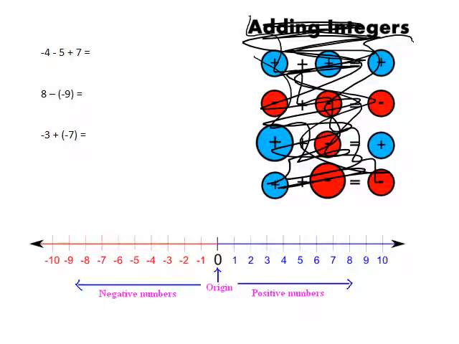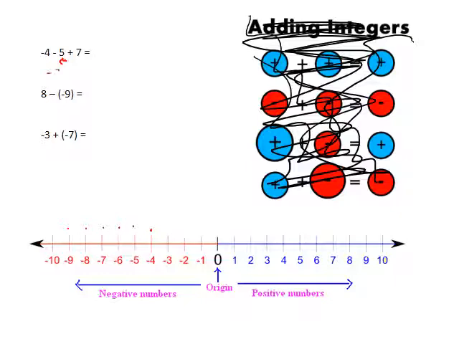Okay, let's look at the examples. We have -4, -5, and a +7. So if you think about your number line down here, we are starting at -4, and then it wants us to jump 5 to the negative, right? So we're going to the left. 1, 2, 3, 4, 5.